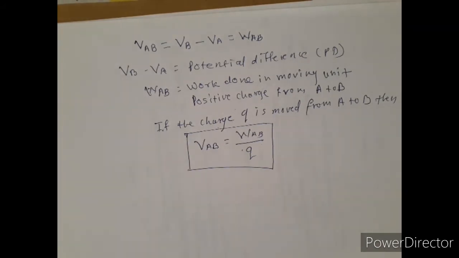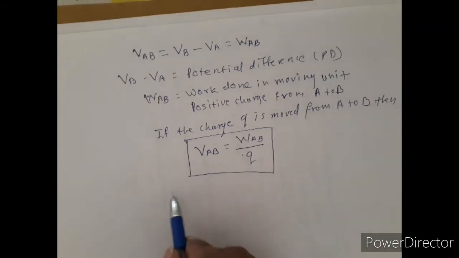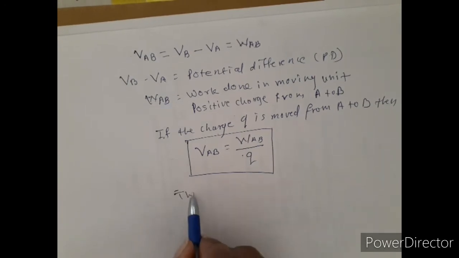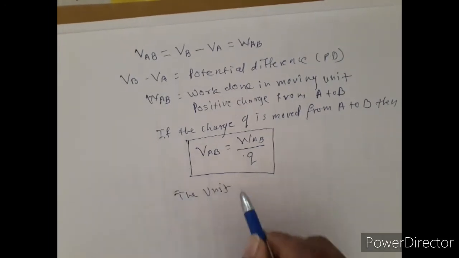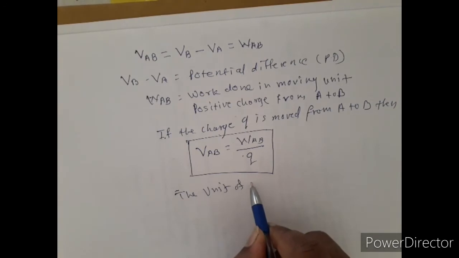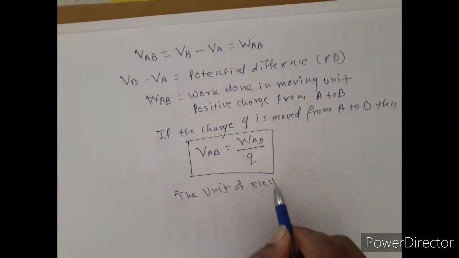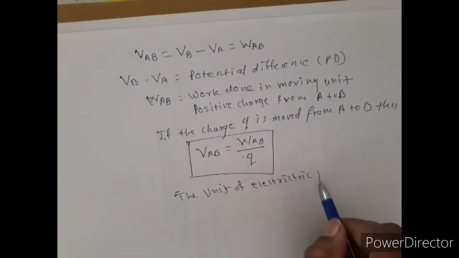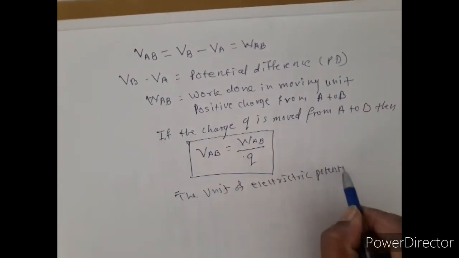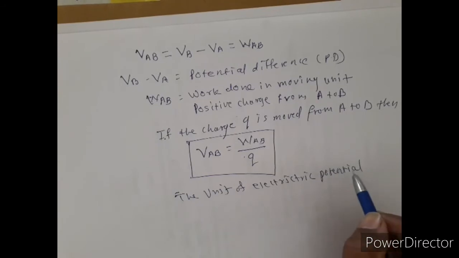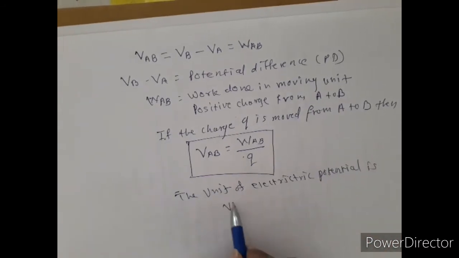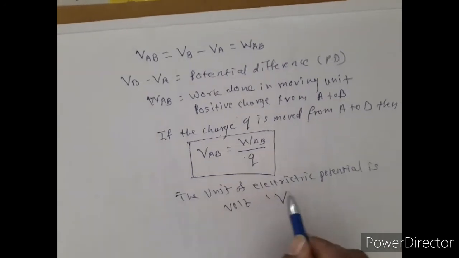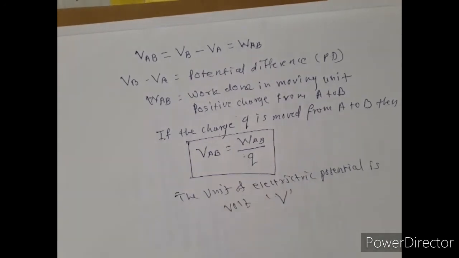The unit of electric potential difference is volt, and it is denoted by capital V in honor of Volta.